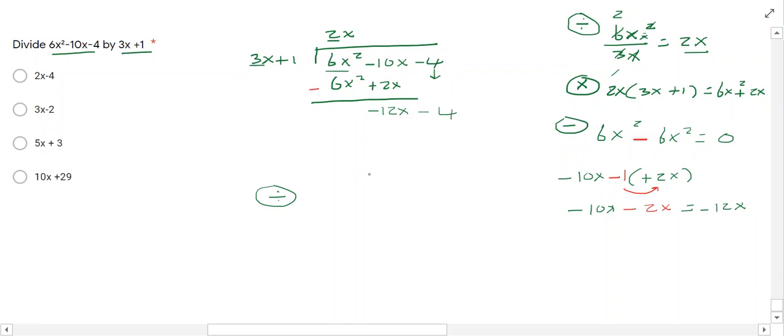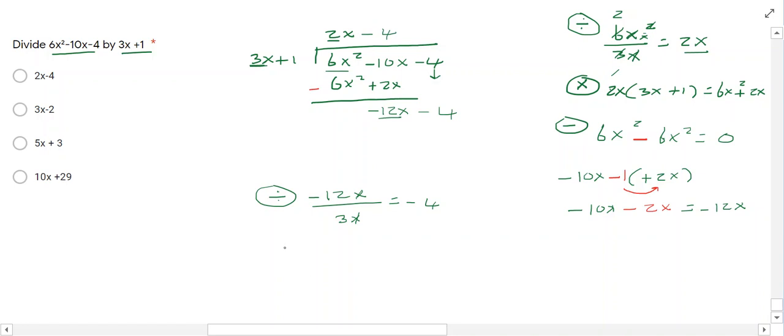So it's minus 12x divided by 3x, and that's going to be equal to, so these x's will just cancel each other out, and then minus 12 divided by plus 3, unlike signs give minus, so that's going to be equal to minus 4. So this is our answer from the division phase. So we're dividing this by this, and we take this answer and we put it up here.